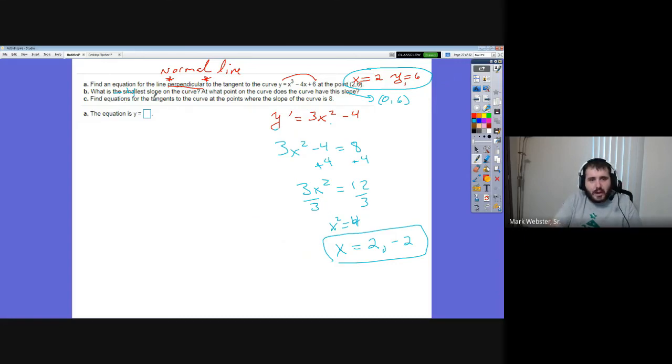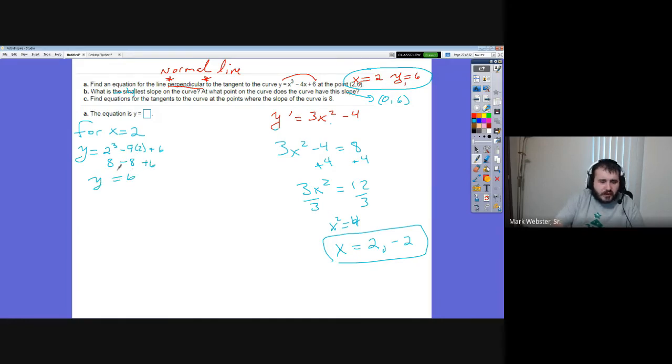Now we want to find the equations for those tangent lines. So we found x. We need to find y, and we need to find m, right? So for x equals 2, y equals 2 cubed minus 4 times 2 plus 6. So this is 8 minus 8 plus 6, which is 6.